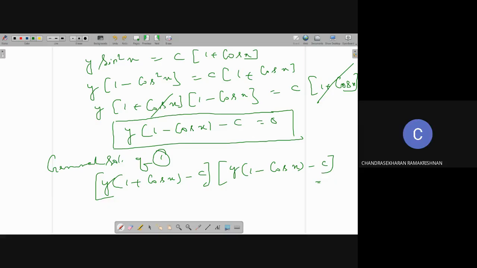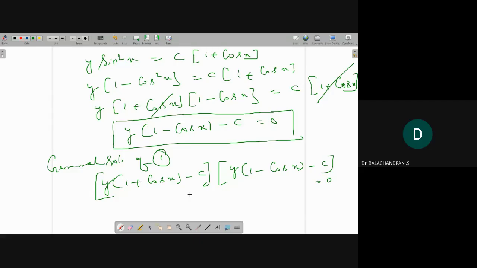Sir, I further simplified 1 plus cos x and 1 minus cos x. Is that okay? I wrote it as 2 cos square x by 2 and 2 sin square x by 2. Yeah. Which one do you feel is the most simplified form? Sir, I don't know, sir. When I was solving itself, I simplified it, sir. That's why in the last step I just directly wrote that.